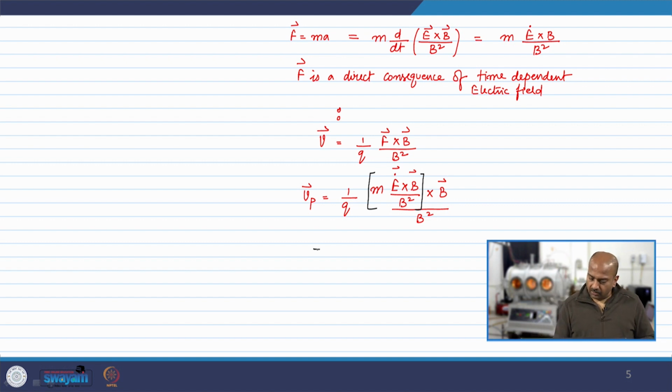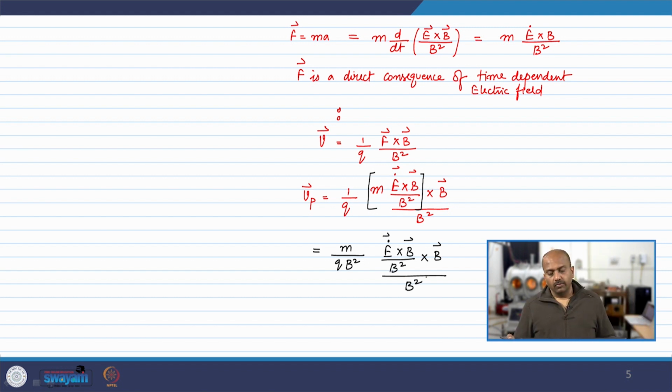We will now simplify this to make it look simple and easy to remember. Let us say m by q B square times E dot cross B by B square cross B, divided by B square.